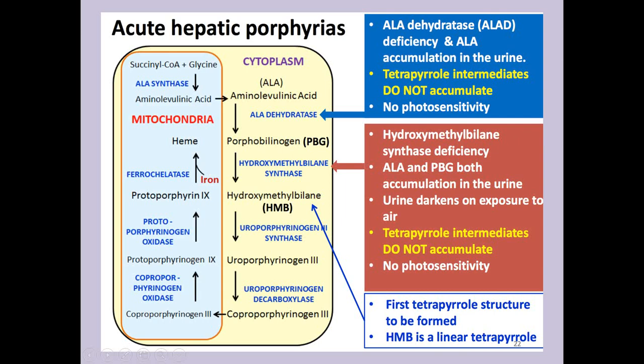The first tetrapyrrole structure to be formed is hydroxymethylbilane, which is a linear tetrapyrrole.